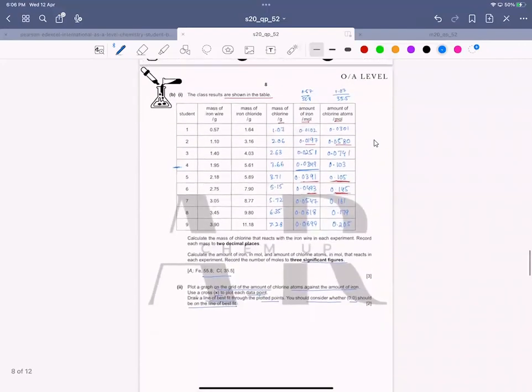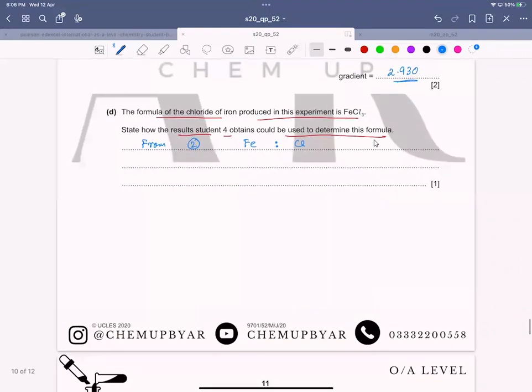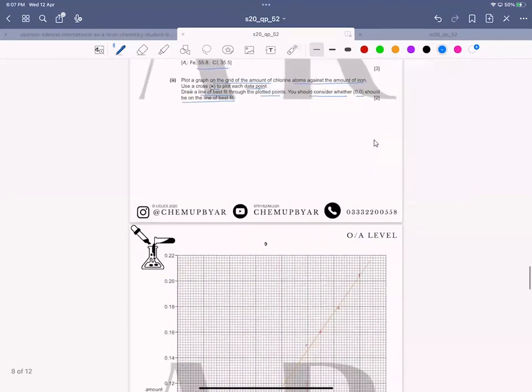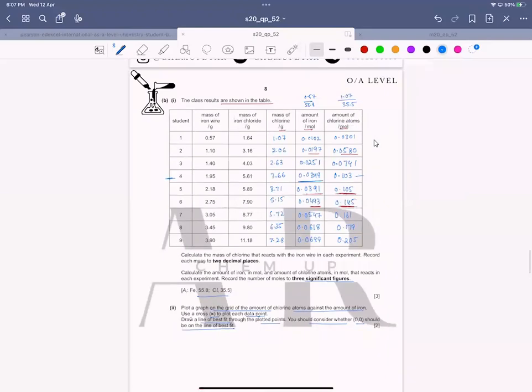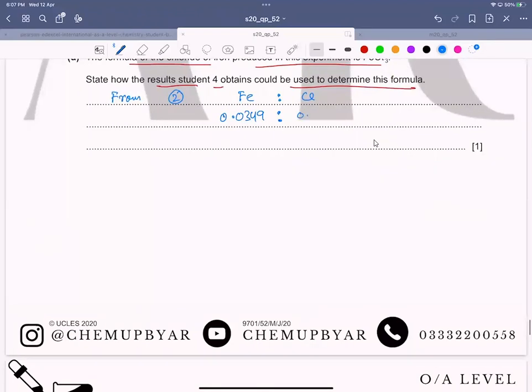Okay, that's good. So 0.0349 is to the moles of chlorine, 0.103, right? And here we are not going to get the exact value, I suppose.